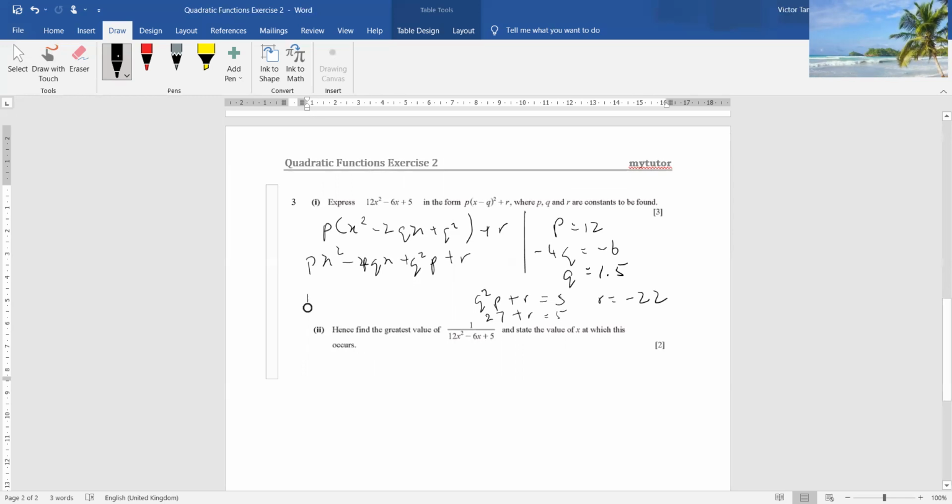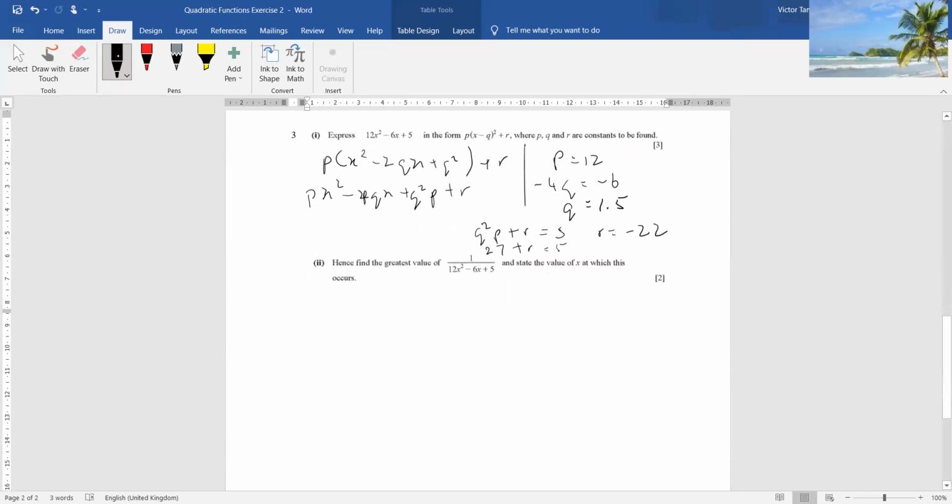Hence, find the greatest value of, and state the value of x at which this value occurs. So we have it in the complete square form, which is 12 times (x minus a quarter) squared.